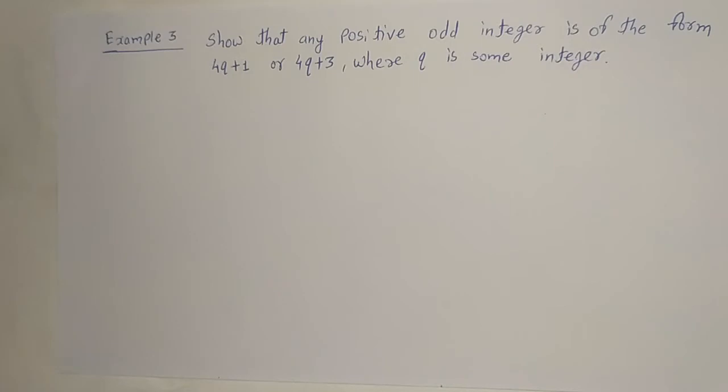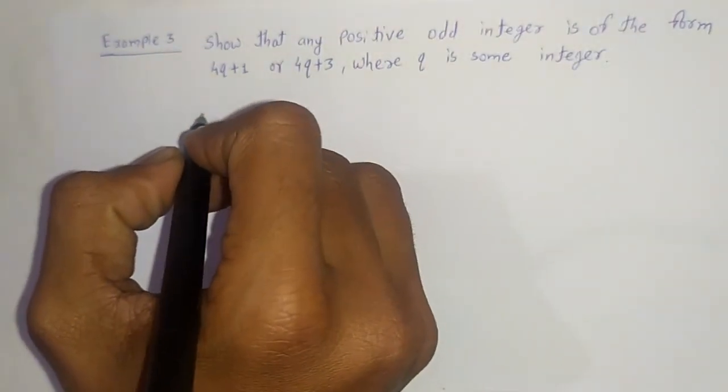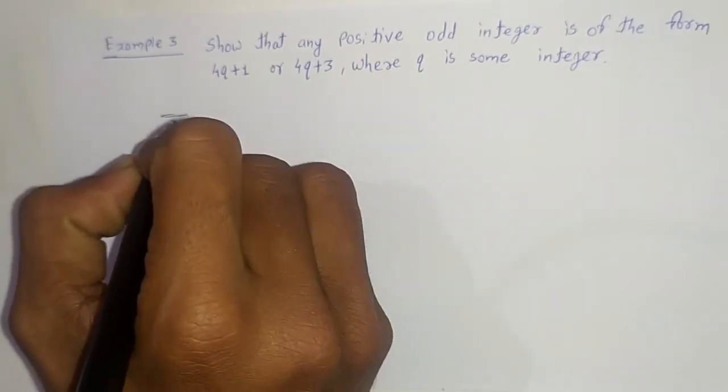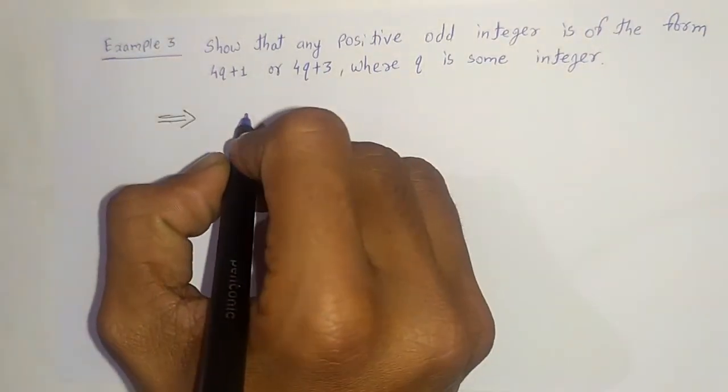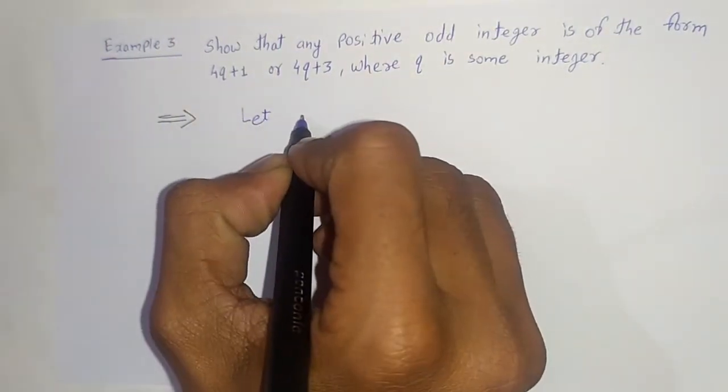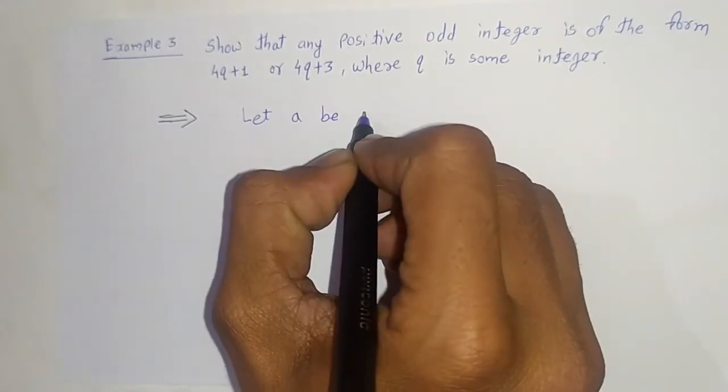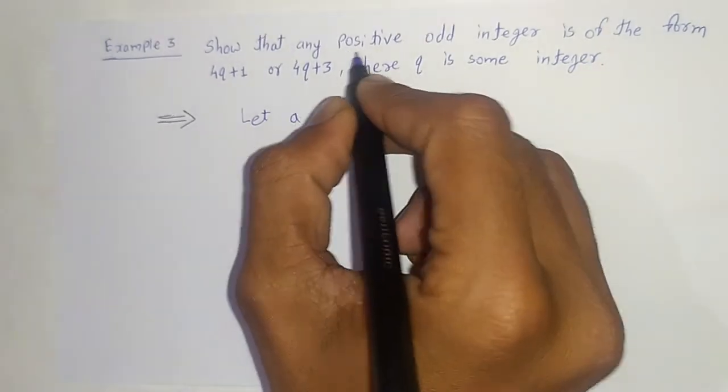So let's look into this problem. First you have to assume any positive integer and accordingly apply the Euclid's division lemma to that integer. So now let's assume, let a be any positive odd integer.